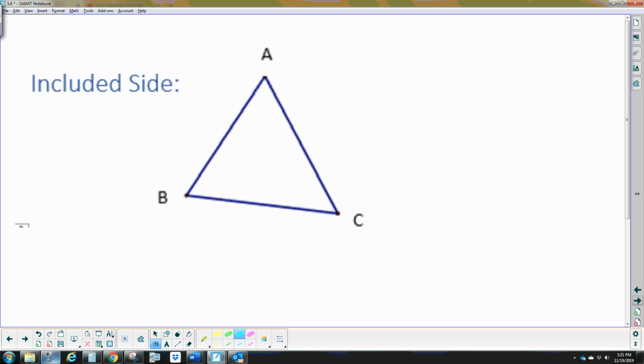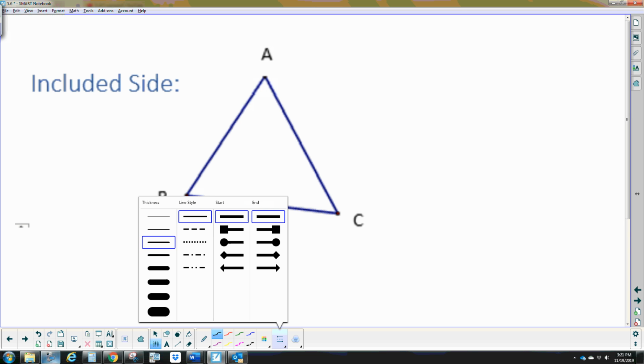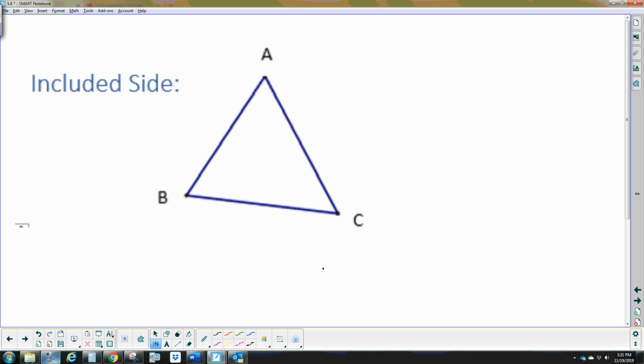So we have this term included side. Just like what we did when we were looking at included angles, let's look at which sides would be included with which angles.